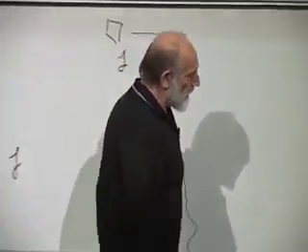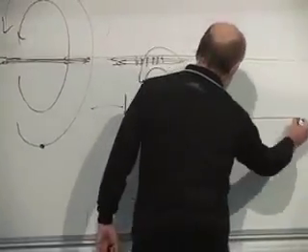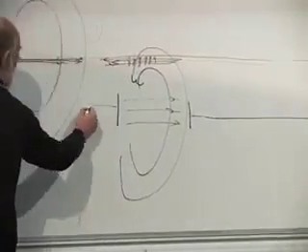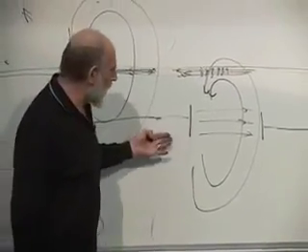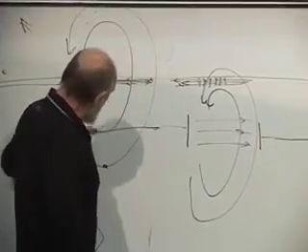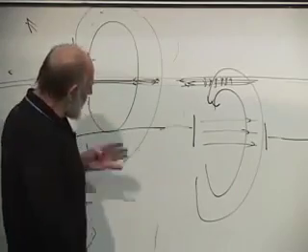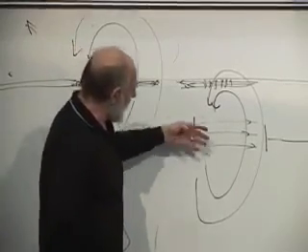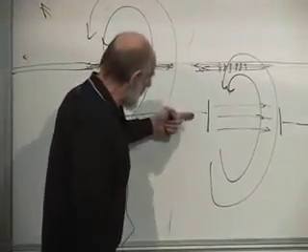Now how do you get charge onto these capacitor plates? Well, there's only one way, and that's to send a current into them. So you have to send an electric current into here. That will charge up the capacitor plates. And during the time that the capacitor plate is being charged, there is a current in here.